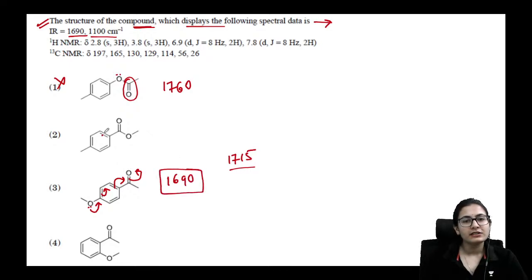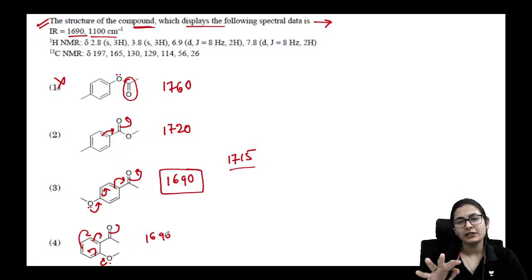And what about this? This is a conjugated ester. This is only going to be 1720 or 1715 at least, not less than that, right? And what about this, guys? Once again, it is a ketone which is conjugated. So this could also be 1690 or something close to that. Okay? Come on. So 1 and 2 are wrong. 3 and 4 could be correct.